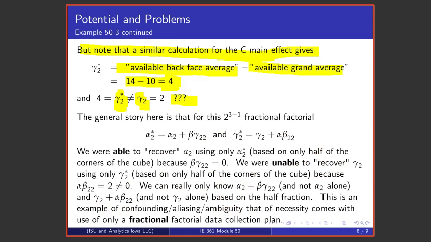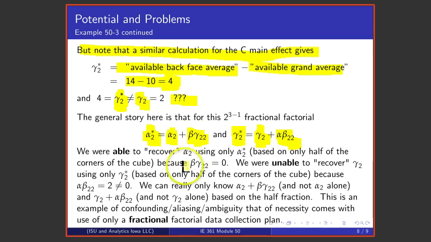As it turns out, the general story is that the half fraction A main effect is in fact the overall main effect plus the BC two-factor interaction. The half fraction C main effect is the overall C main effect plus the AB two-factor interaction.